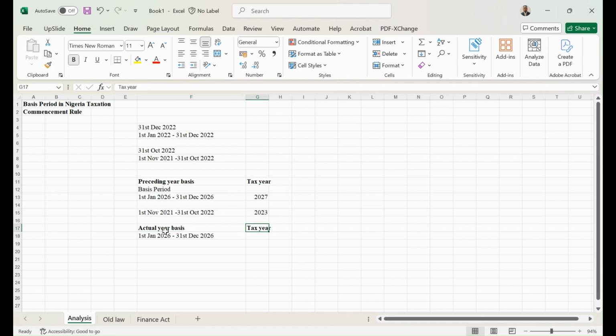So if I have a basis period that's starting from 1st of January 2026 to 31st of December 2026, the tax year is going to be the same year. So this is going to be 2026. So usually, actual year basis runs from January to December. When a company is being assessed to tax on an actual year basis, it usually runs from January to December.